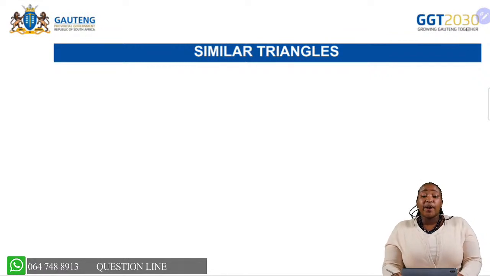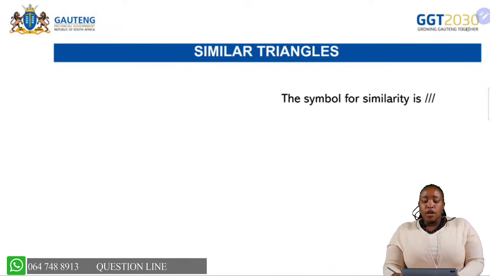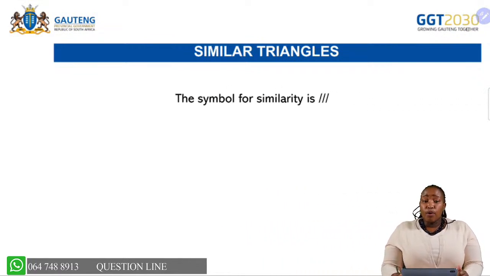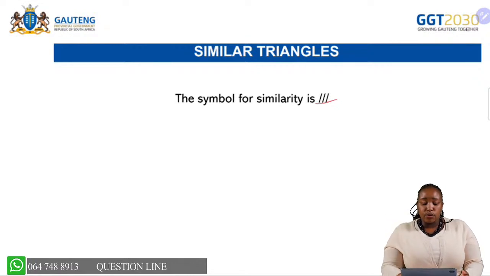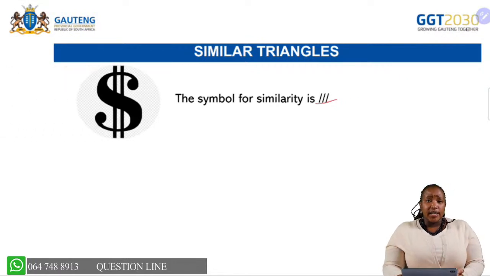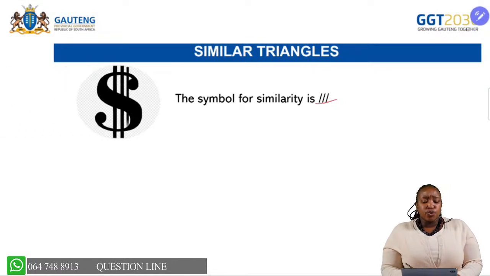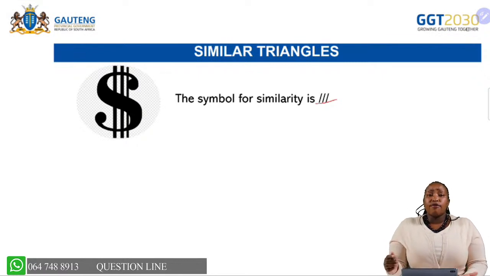We are going to start off by doing a small investigation together. First I'm going to introduce the symbol for similarity. Do you see what the symbol looks like? It's like three eyes, three lines standing upright, or they can sometimes be a little bit skewed. To remind yourself of similarity, you can think of the dollar sign, and maybe introduce one more line so that you have the symbol for similarity as well as the S from the dollar sign to remind you of similarity.